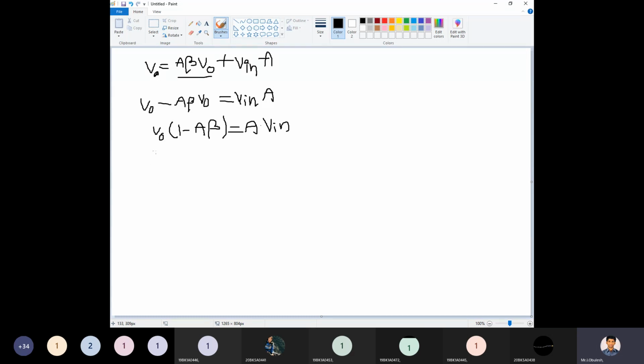Then A equals V naught by V in, so you need to send this to this side and that to here.